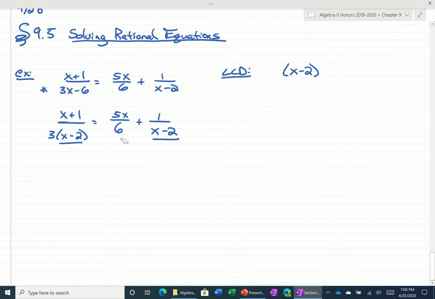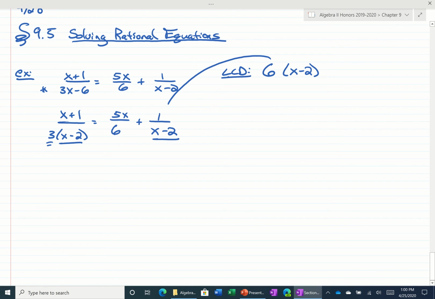Another way to think about that is the 6 is really just a 2 times 3. So I would need a factor of the 3's, and I would also need a factor of the 2's. You could write 2 times 3, or we could have just written 6 there, because the LCD between 3 and 6 would be 6. So it doesn't matter how you do it. I'm just going to write 6 here, but I just showed you two ways on where that comes from.